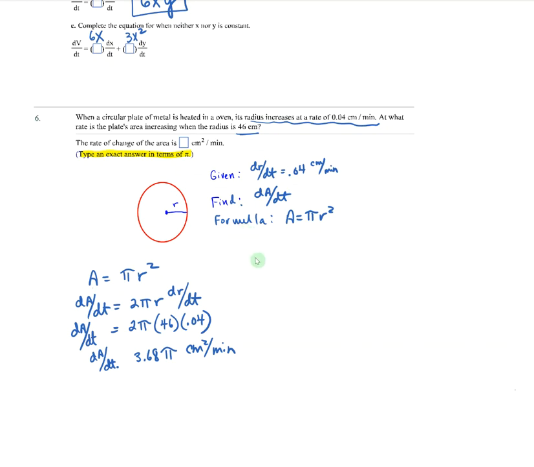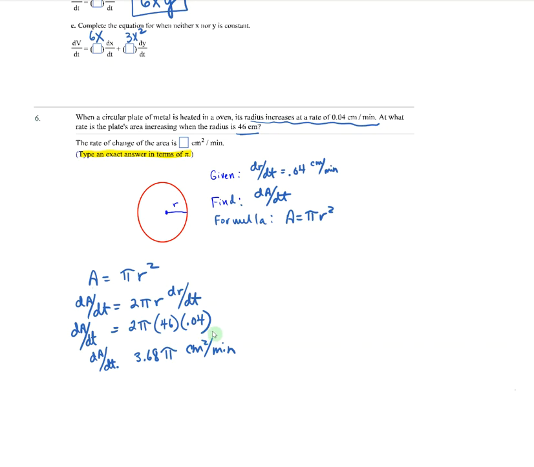Well, the formula that relates all this is the area of a circle. So A is pi r squared. We start with that. Then we're going to differentiate both sides. dA/dt is 2 pi r dr/dt.